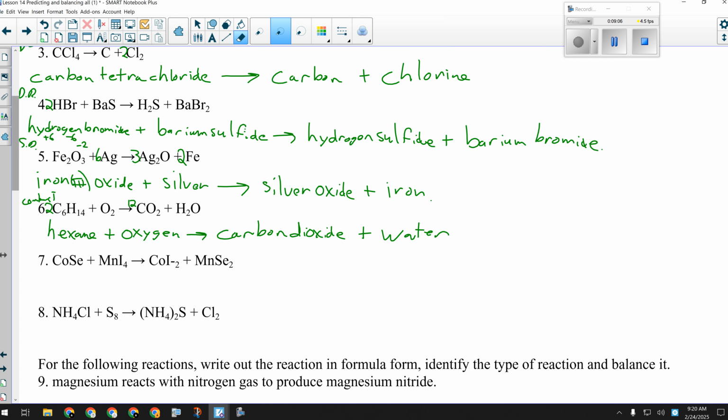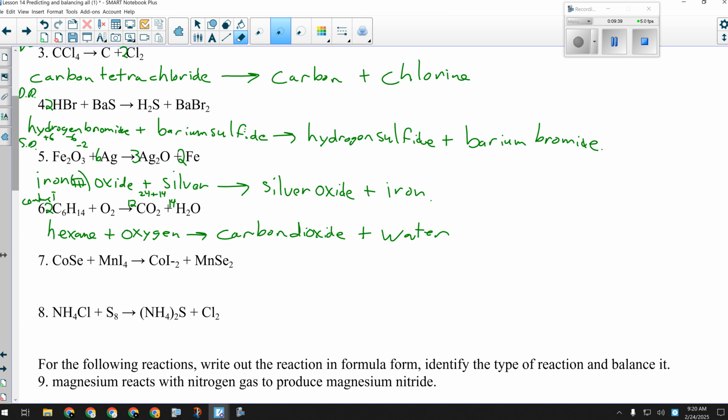Then I've got to balance my hydrogen, next in line alphabetically. 2 times 14 is 28, so 14 times 2 is 28. Now I need to balance my oxygens. In the carbon dioxide, I have 12 times 2 is 24 oxygens, and I have another 14 oxygens in the water, giving me a total of 38 oxygen atoms on the product side. 24 plus 14.